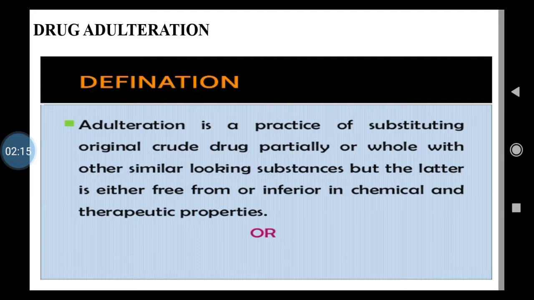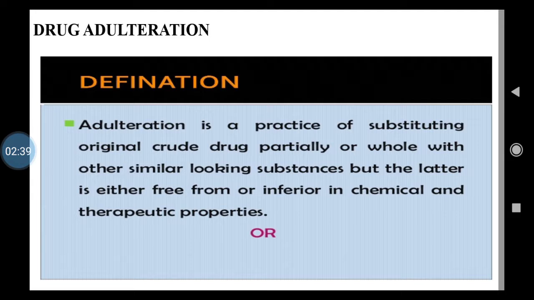Again, I repeat that it is a practice of substituting original crude drug either partially or completely with other similar looking substance, and this similar looking substance is, you can say, an adulterant.